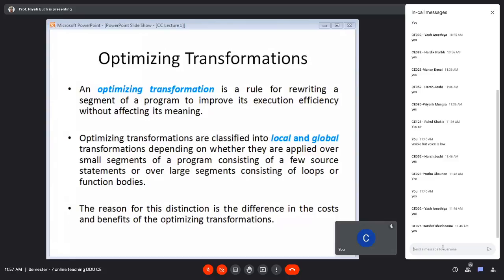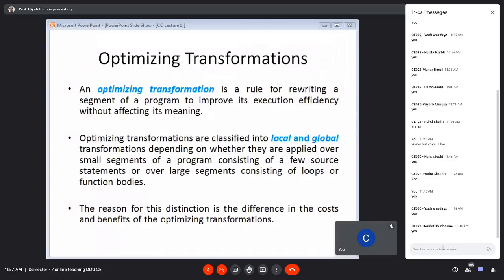So that is why, sometimes local or global, depending on what code is there, it is decided by the compiler what type of optimizing transformation should be applied on a given code. So it is all dependent on the code.